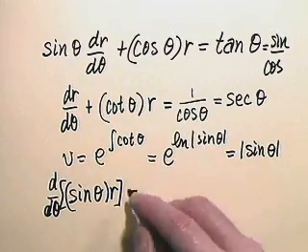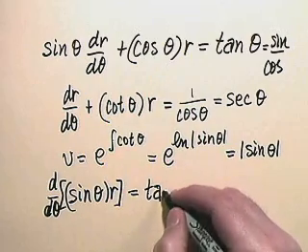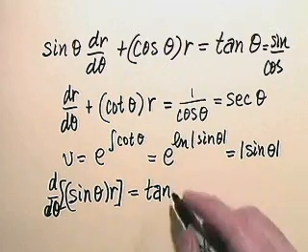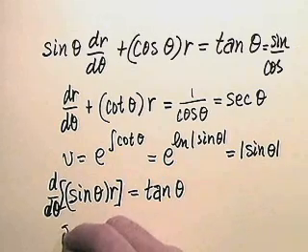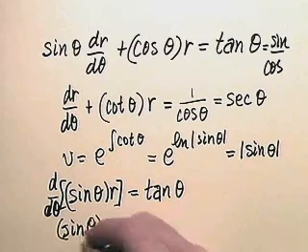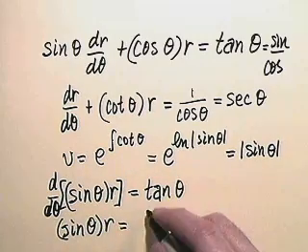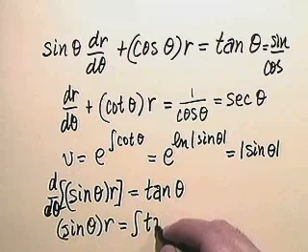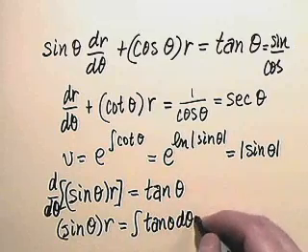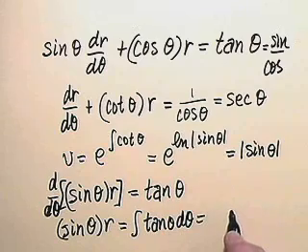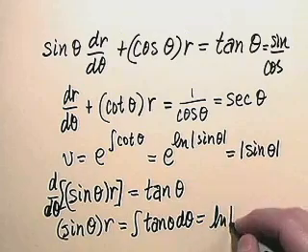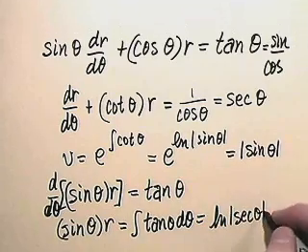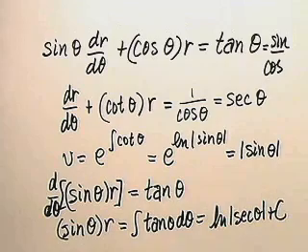And so here we have simply then the derivative of sine theta r is tangent theta, and so consequently sine theta r is equal to the antiderivative of tangent theta d theta. Well, the antiderivative of tangent theta is simply natural log of absolute value of secant theta plus a constant of integration.